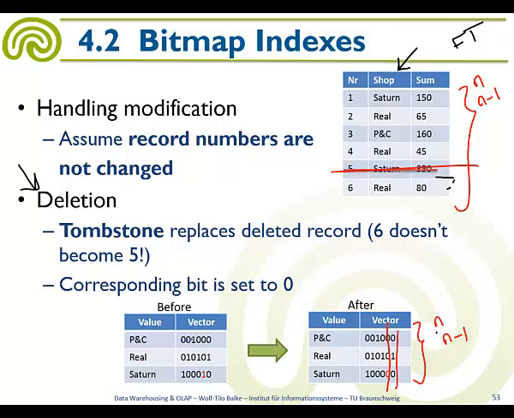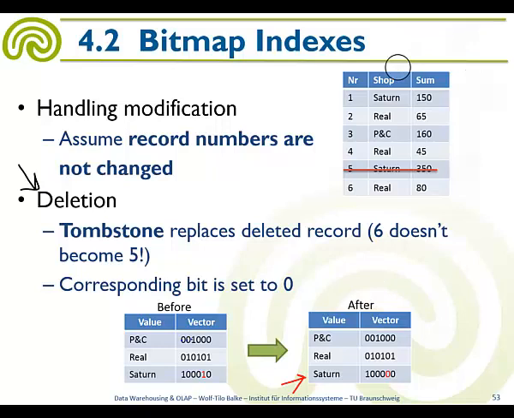You'd have to go into each of the dimensions and delete the fifth entry. This is one solution. Another one: keep them, but just put a 0 in the dimension bitmap vector, and in the fact table just put a tombstone here, so this is not readable anymore, or you don't consider it anymore when you want to answer a query about that.